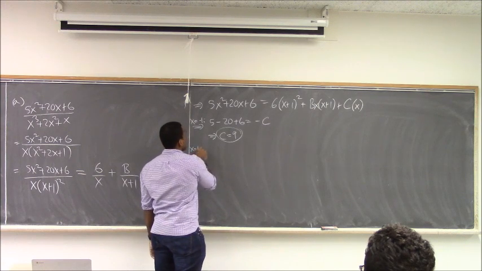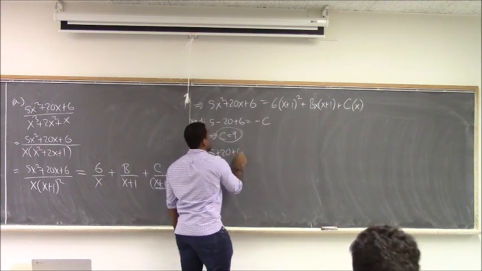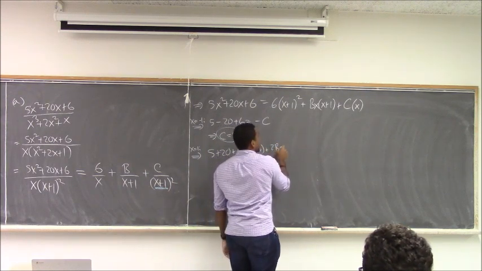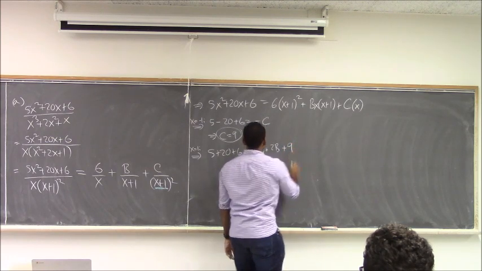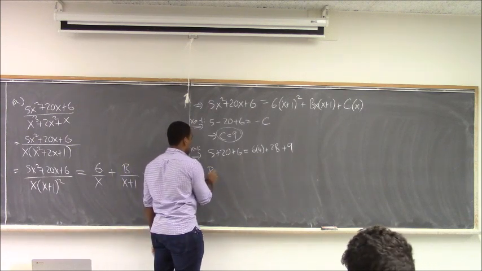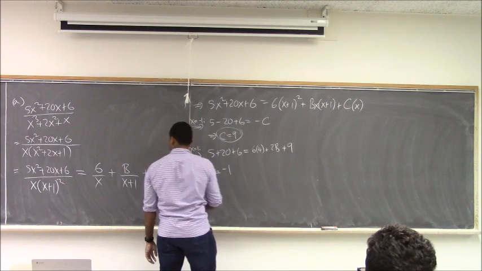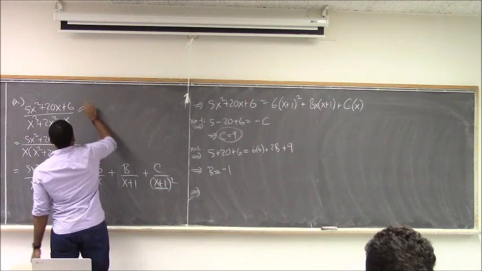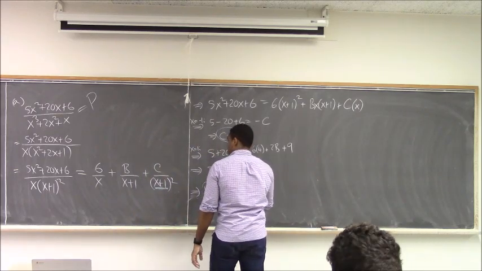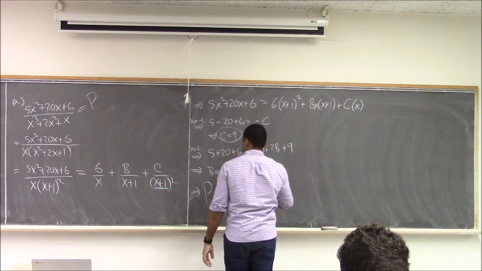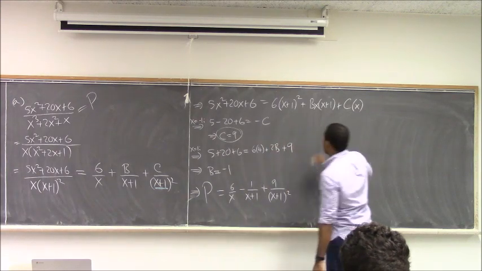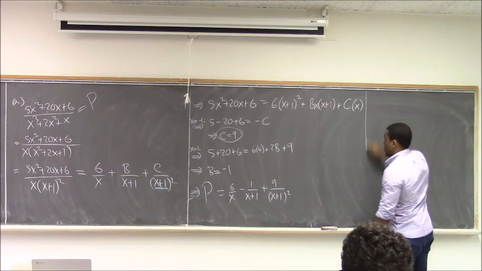If I plug in x equals 1, I would get 5 plus 20 plus 6 is equal to 6 times 4 plus 2B plus C, which is 9. So now B is the only unknown here. If we solve that for B, what do you get? Minus 1. Okay, so that's the partial fractions. So this guy equals 6 over x minus 1 over x plus 1 plus 9 over x plus 1 squared.